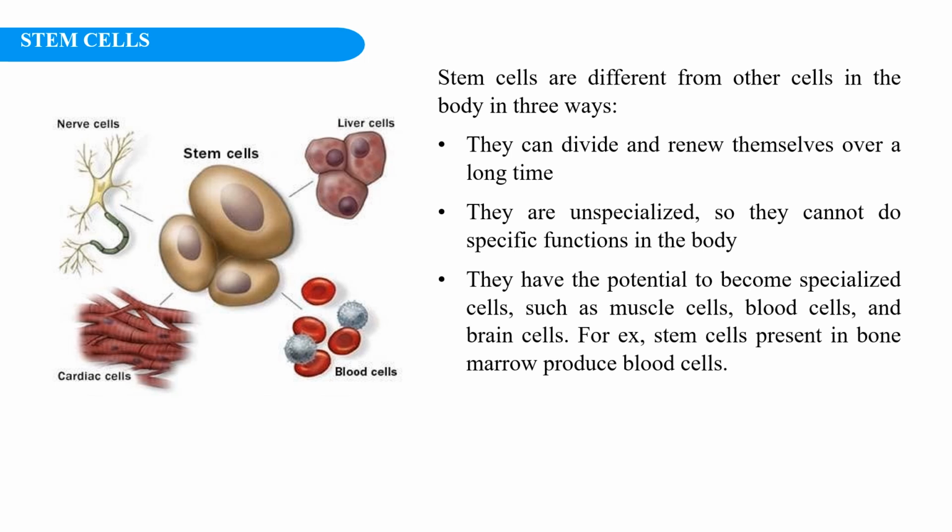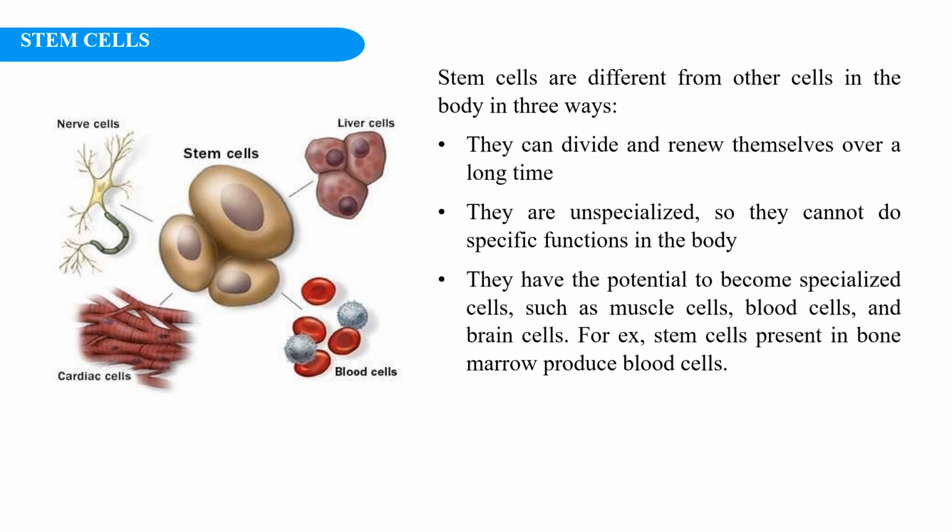These stem cells are different from other cells in three ways. One thing is they can divide and renew themselves over a long time, and they're unspecialized, so they cannot do specific functions in the body. They have the potential to become specialized cells, like muscle cells, blood cells, and brain cells.